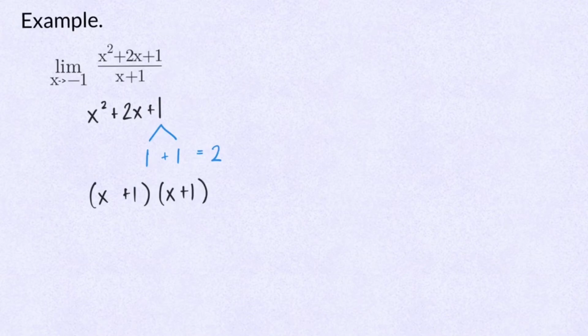To check if your factoring is correct, all you need to do is multiply these. Let's try. When we multiply x to x, the answer will be x squared. X times 1 is equal to 1x or x.